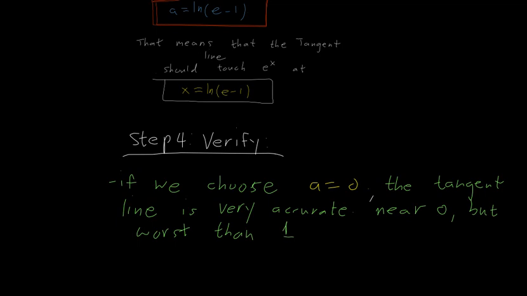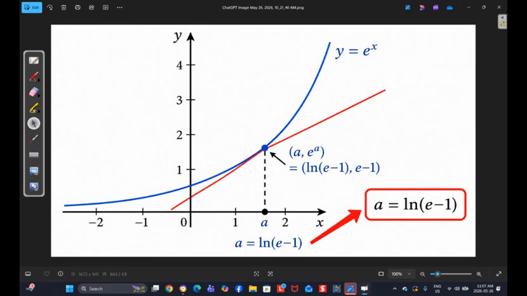As you can see in the description, this is the case. If we choose a equals 0, the tangent line is going to be very near 0, like this tangent line, the red line here. It may be sloping down a bit more, because it's near 0, but it's going to be worse near 1, okay?